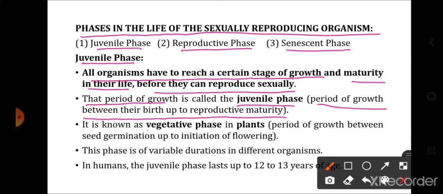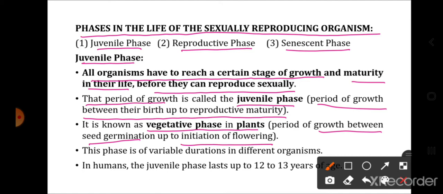It is known as the vegetative phase in plants. In animals, it is called the juvenile phase. In plants, that period of growth and maturity is called the vegetative phase. We can consider it as a period of growth between seed germination up to the initiation of flowering.